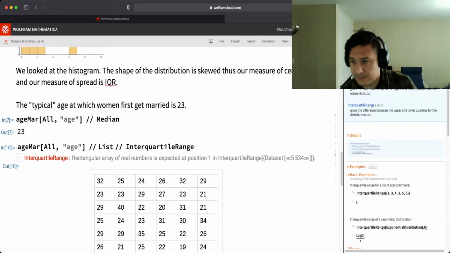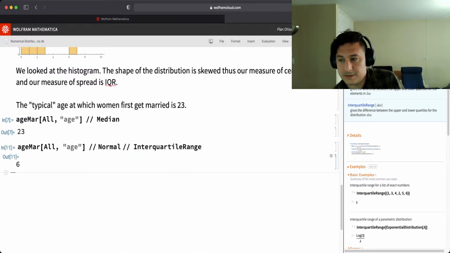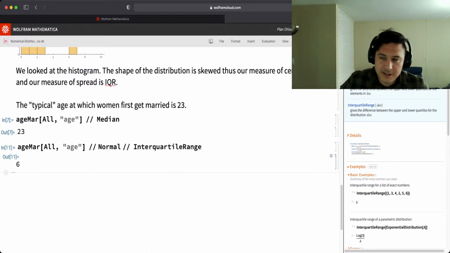Okay, according to my book, I think the command I need to put is normal. Oh, thank God. Yes, it worked. Okay, cool.